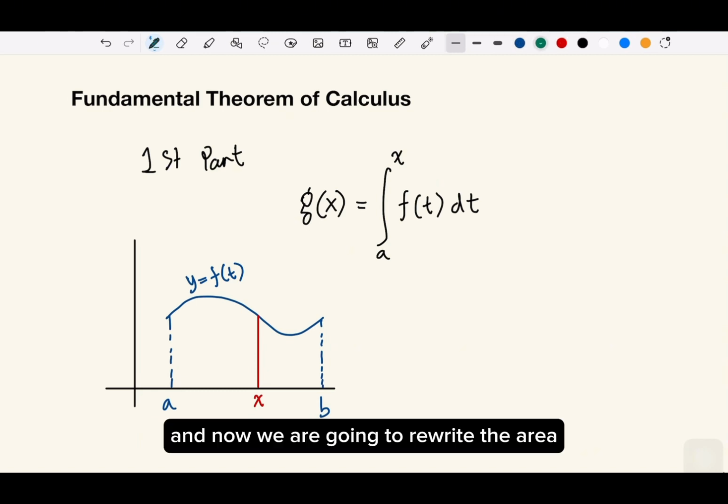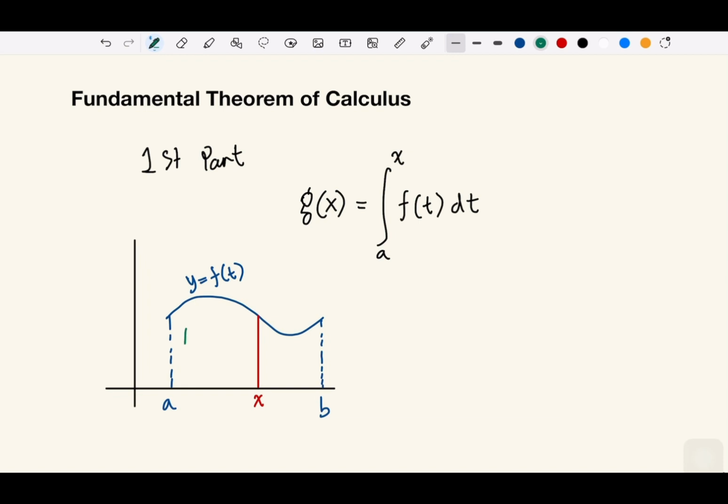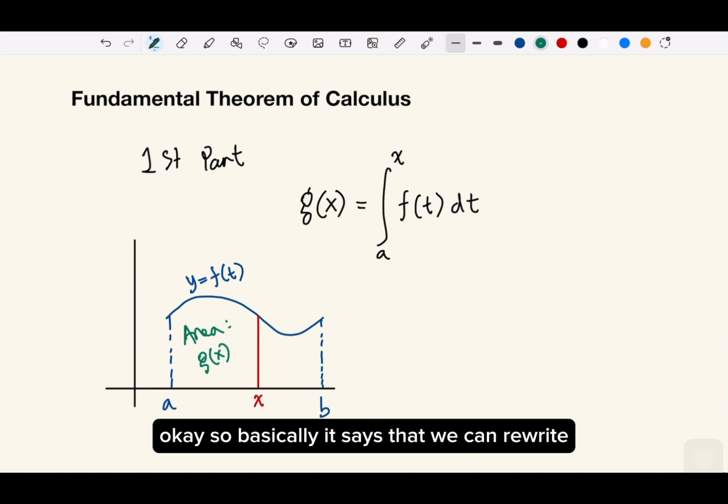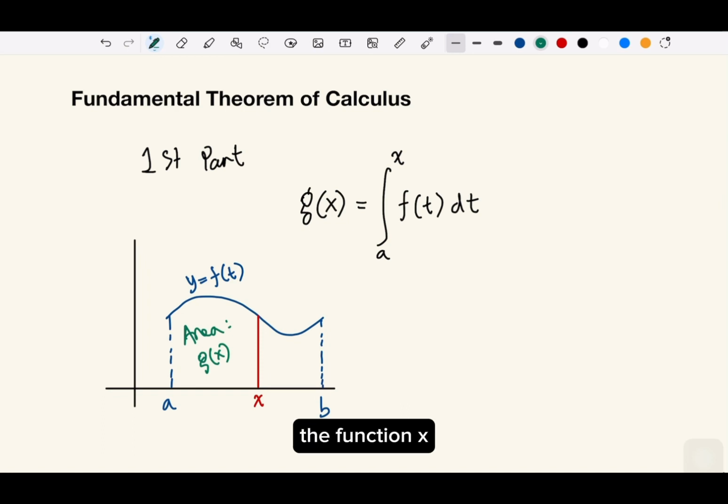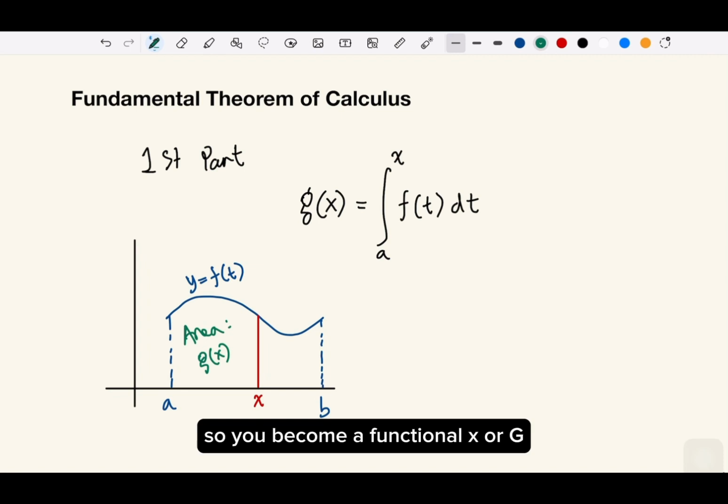And now we are going to rewrite the area as function g. Okay, so basically it says that we can rewrite the integration or the area here as a function, which we describe as integration from a constant a to our variable x with the function f. Okay? So it becomes a function of x for g.